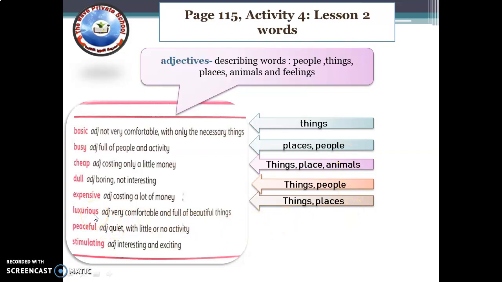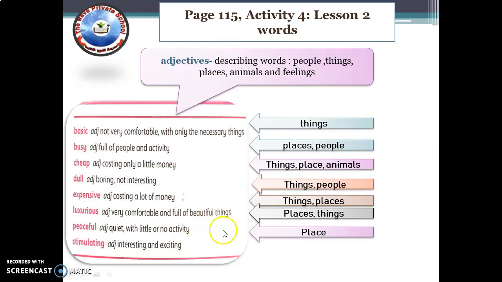And luxurious: very comfortable and full of beautiful things. So it can describe places or things. Oh, this hotel is luxurious. And then peaceful: quiet with little or no activity, or without noise.